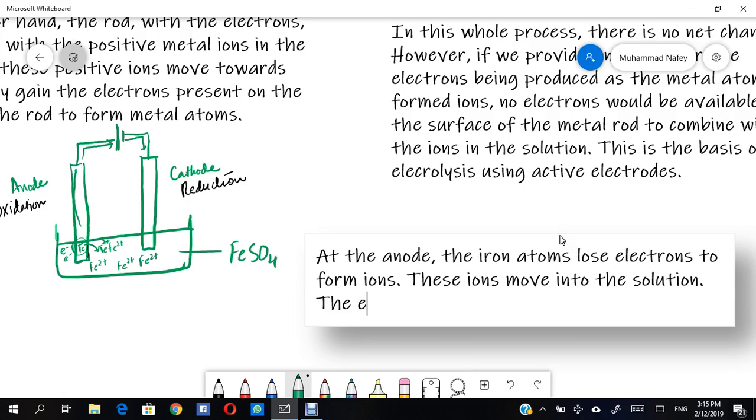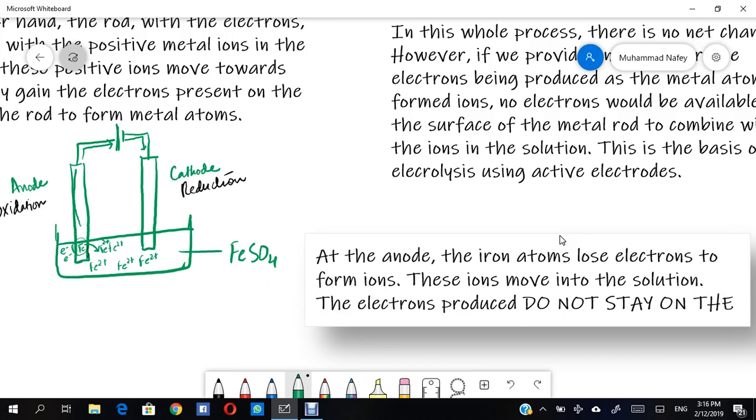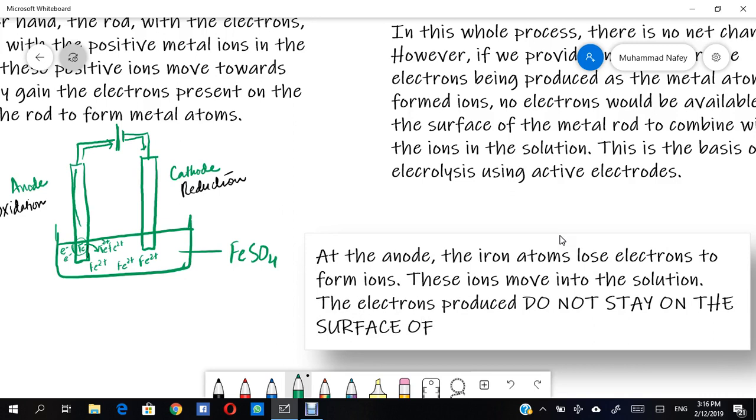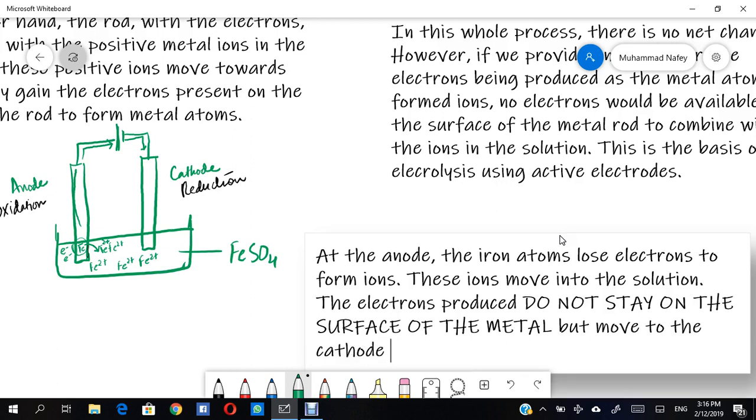The electrons produced do not stay on the surface of the metal, but move to the cathode via the external circuit.